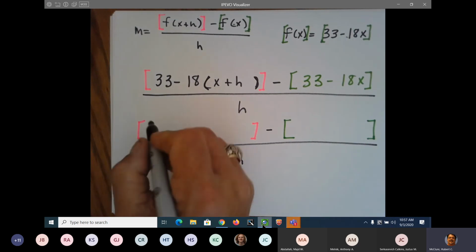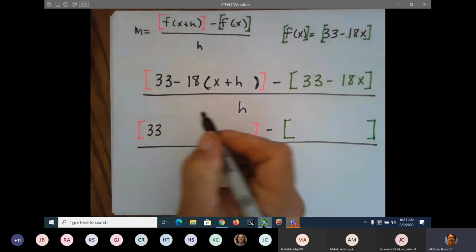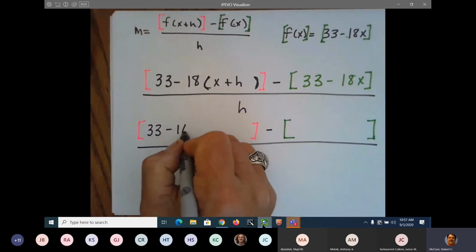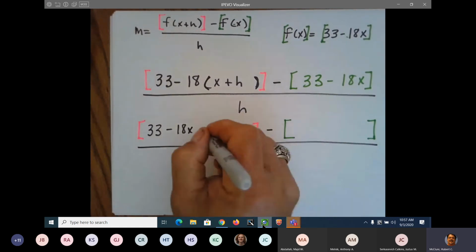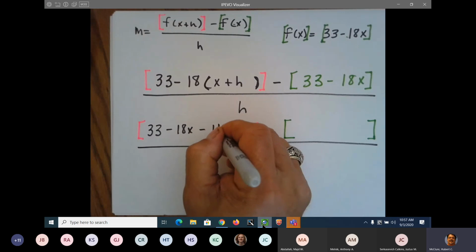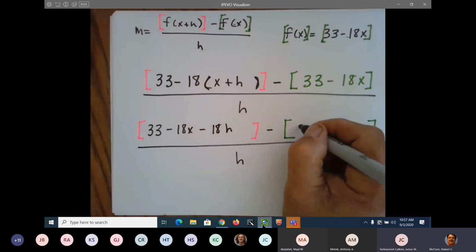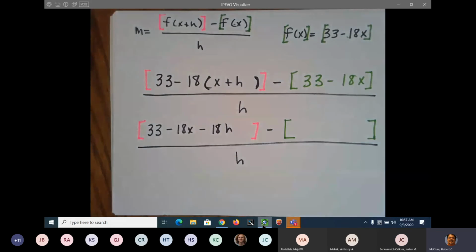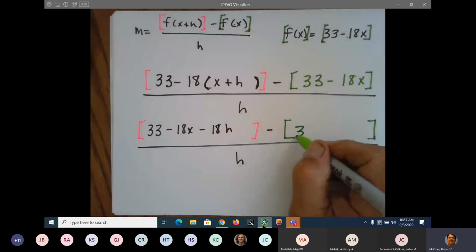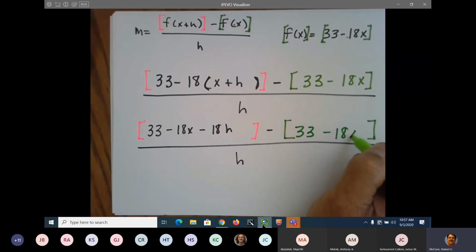So 33 minus 18x minus 18h minus, and I'm going to leave this in the brackets, 33 minus 18x.